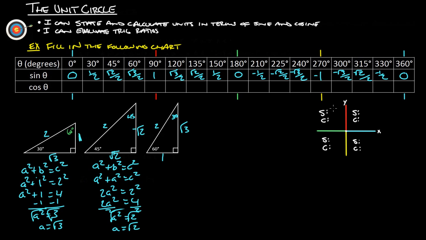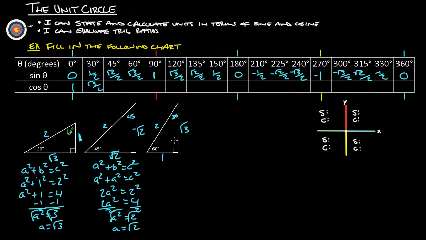Okay, very similar idea with cosine. Now we're doing the adjacent over hypotenuse. So here at cosine of 0, this adjacent side, this length right here, is actually 1, so this is going to be 1. For root 30, it's adjacent over hypotenuse, so it's root 3 over 2, and these are going to be positive here.